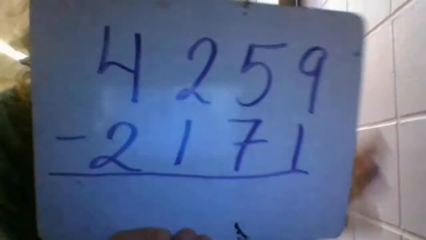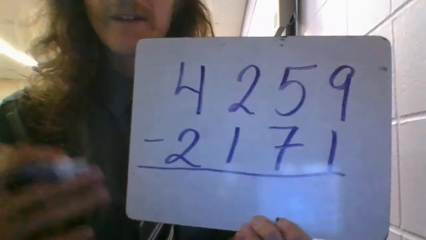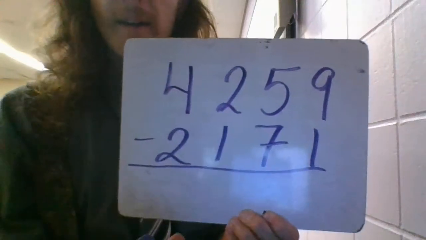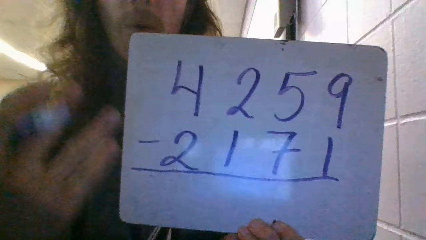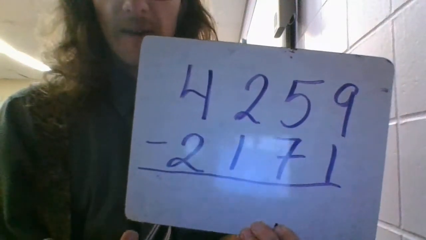Is yours nice and spaced out like this? If it's not, pause right here and make it look like this. Nice and spaced out. You don't want your numbers to be crammed together.